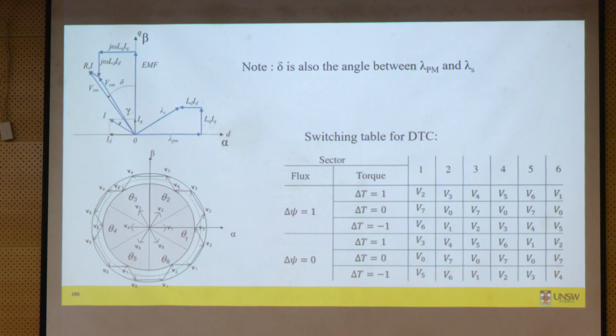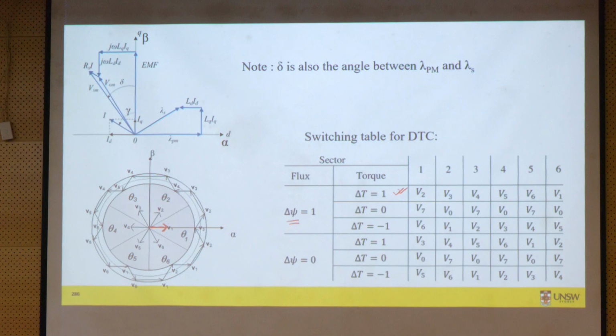So what we do is, let's say my torque error from the hysteresis controller is positive. That means I need higher torque. My motor is demanding higher torque as well as it's demanding to increase flux. In that case, let's say my reference space voltage vector was in sector 1.